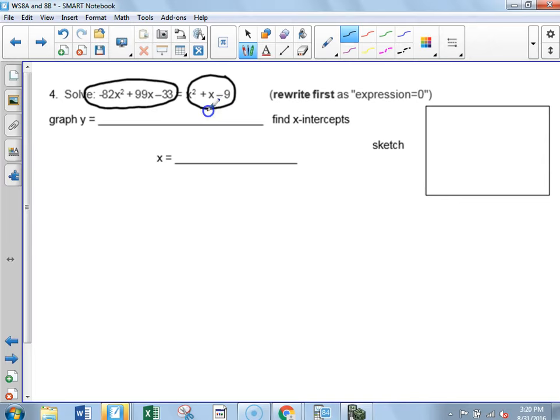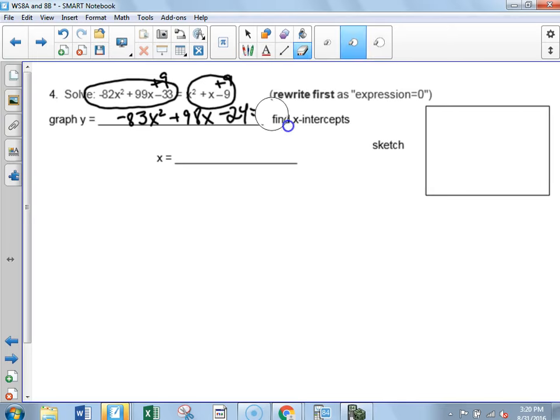Before you do that, I want you to tell me what the other method would be. Yes, move it all, set it equal to 0. So like a negative 83x squared plus 98x plus 9 would be minus 24, I think. You'd put it in y equals, sorry. So pick which method you want.